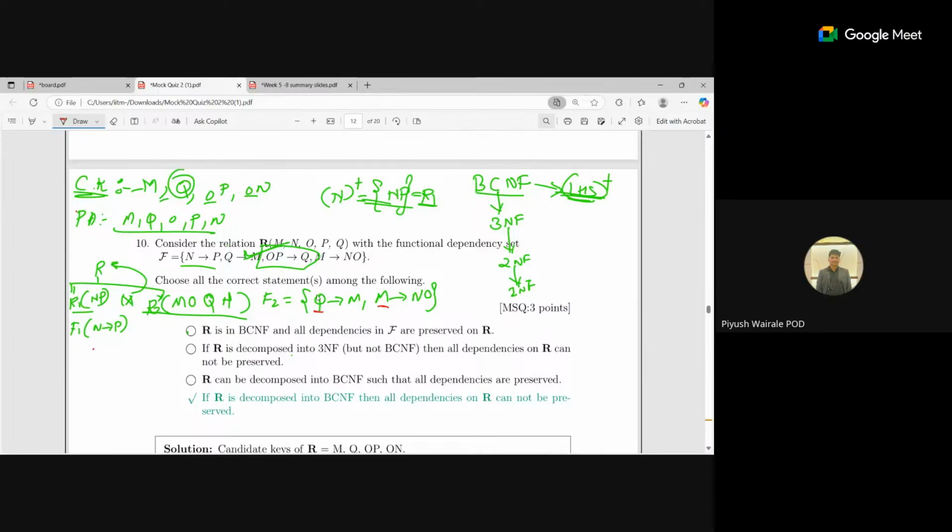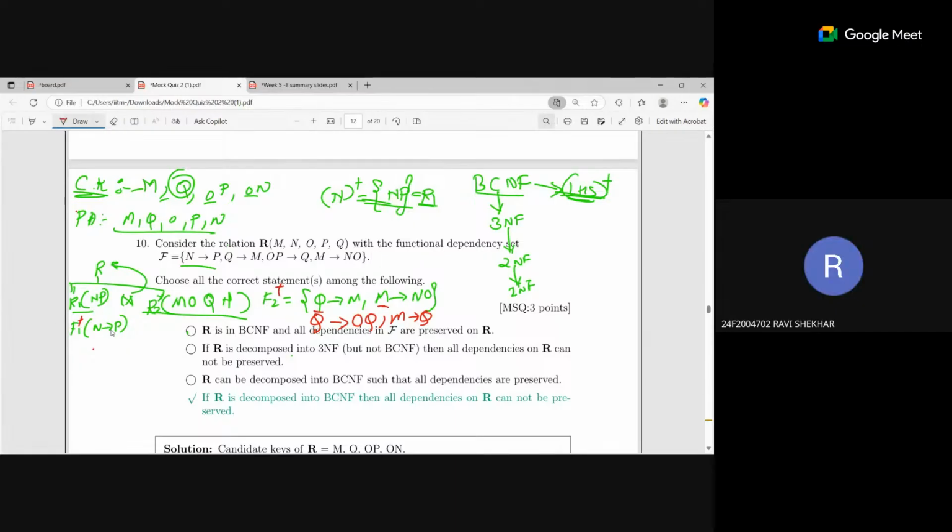So can I say if Q determines M, Q can also determine O and Q? Yes. M can determine N, O, M can also determine Q, right? So we are done with M and Q, and the combination is basically O N. So O N can determine nothing. That's it. So we got F1 and F1 plus.